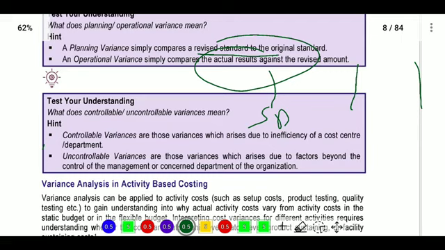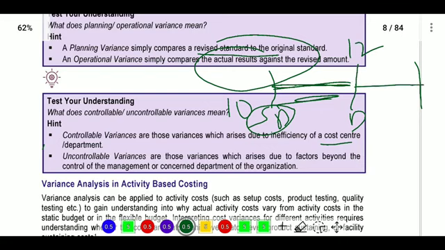Firstly we prepare this standard, and during the operations we don't know the price. For this we prepare one budget here, 10 rupees, but the actual position is 12 rupees. We don't know whether this 12 rupees increase was due to inefficiency of the cost center, or they did not have any control during the operation period.